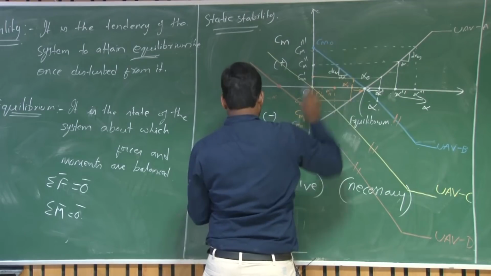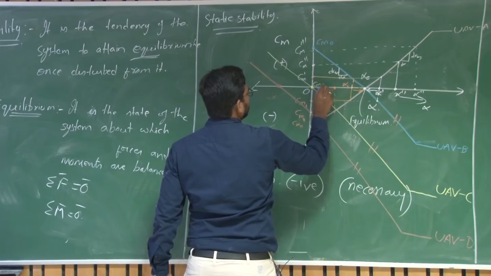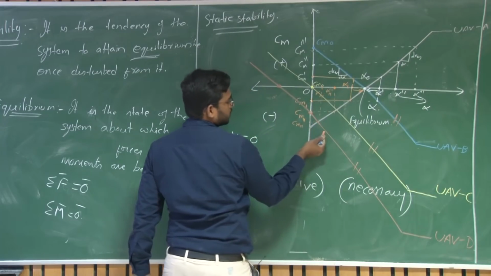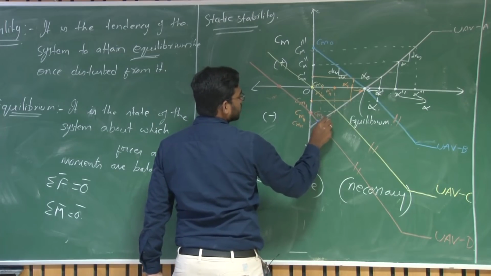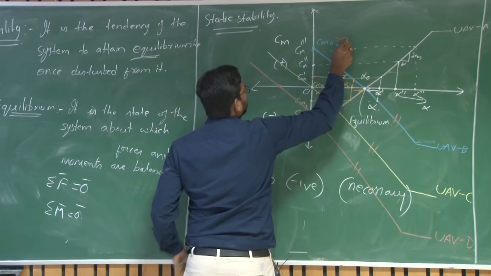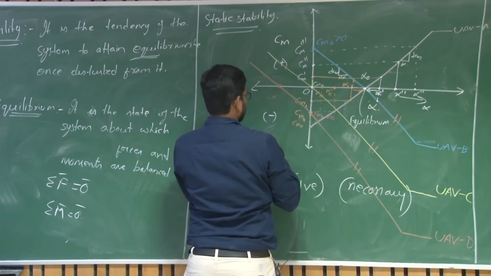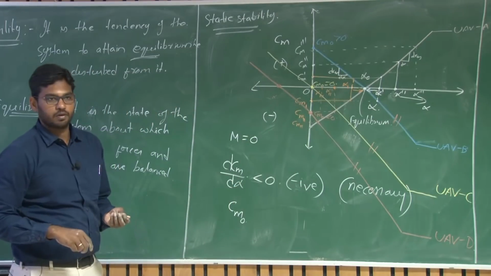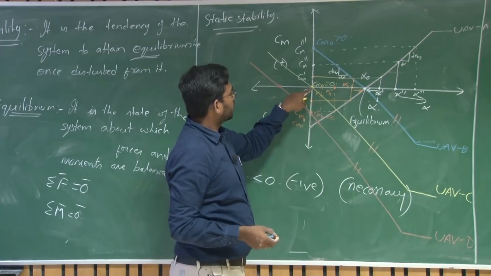For the yellow curve, your Cm naught is 0, and for this brown curve your Cm naught is negative. This is greater than 0, this is equivalent to 0, okay.